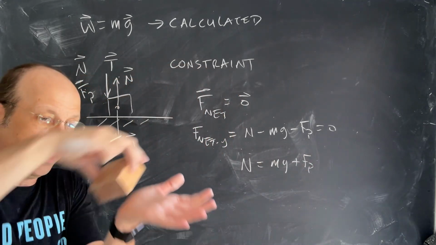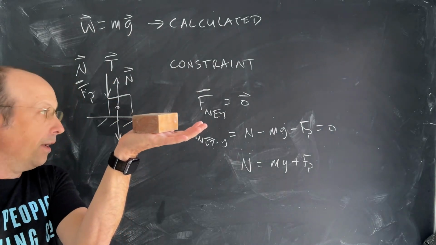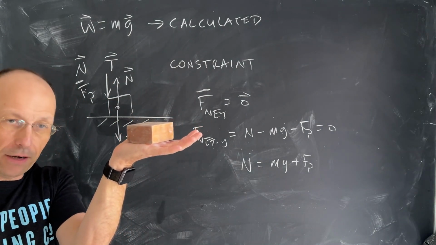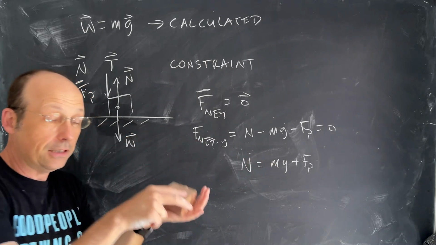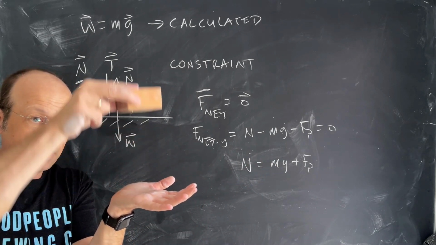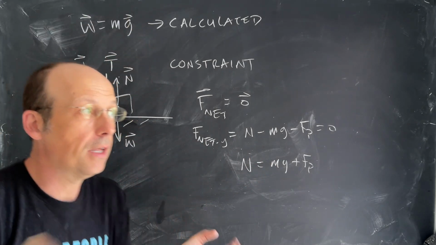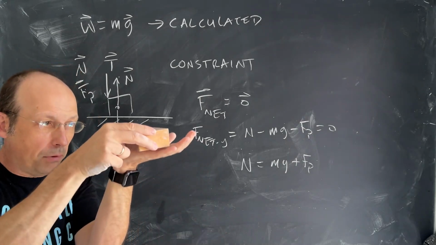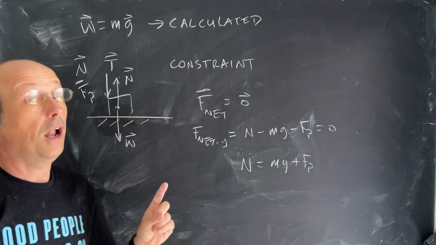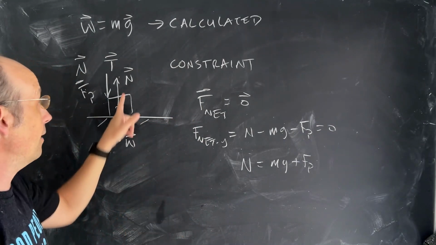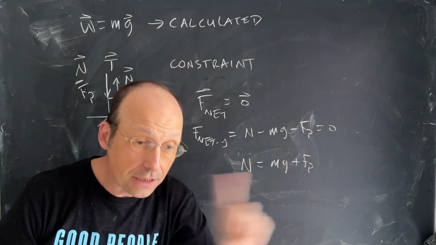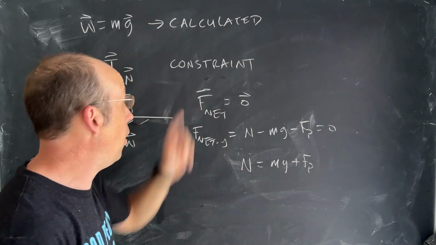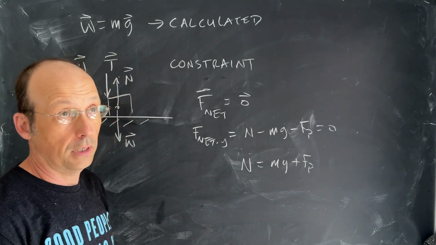And what would happen if it didn't have the right normal force? What if this normal force is too high to balance out these? Well, then the block would accelerate up. That would be weird. If the force is too low, the block would accelerate through my hand. That would be weird. So in fact, this normal force is a force of constraint. That means there is no equation to calculate the normal force.